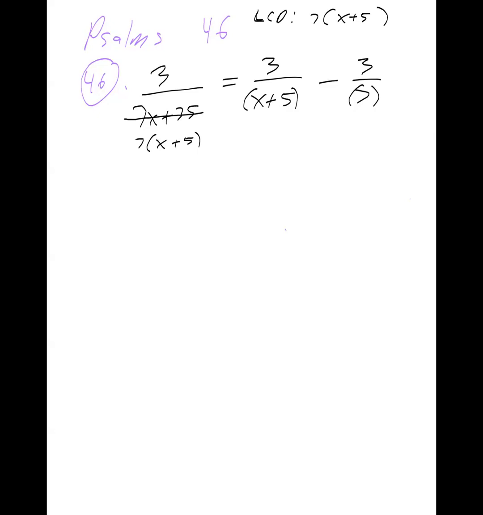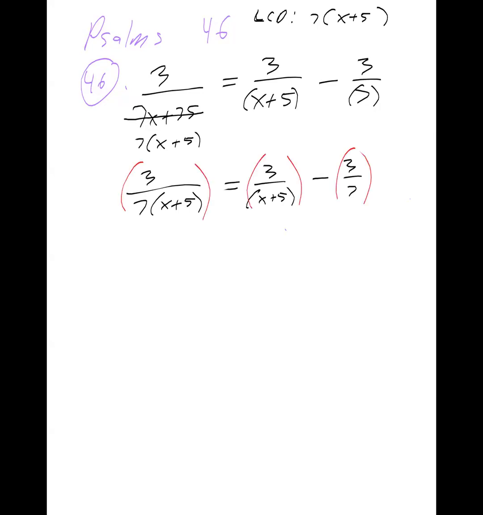So once you find the LCD, how do you solve equations that have little fractions within them, like on both sides, for example? By the way, I'm just rewriting it.